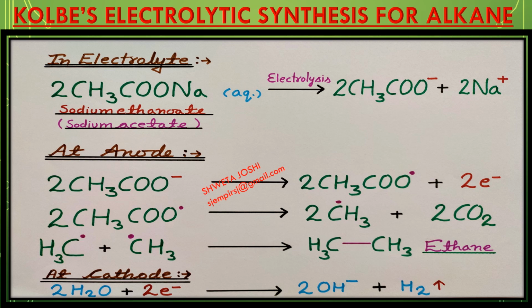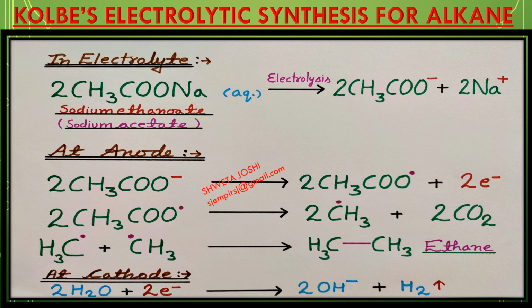Then the CH3COO free radical will lose carbon dioxide, that is why this is a decarboxylation reaction, and we will obtain 2 moles of free radical of CH3. Then these two CH3 free radicals will combine together forming CH3-CH3, which is ethane.